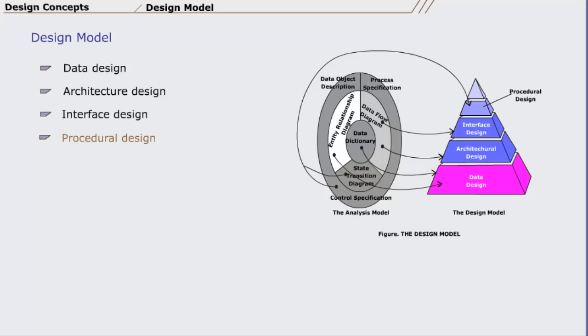The component level or procedural design transforms structural elements of the program architecture into a procedural description of software components. Information obtained from PSpec, CSpec, and STD serve as the basis for procedural design.